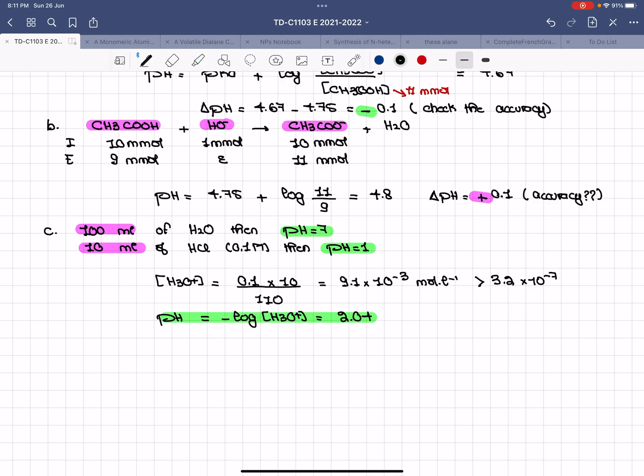So what can you conclude? You conclude that buffers resist the change in pH. Of course, to a certain degree, to a certain extent, they can resist the change in pH. Very good.